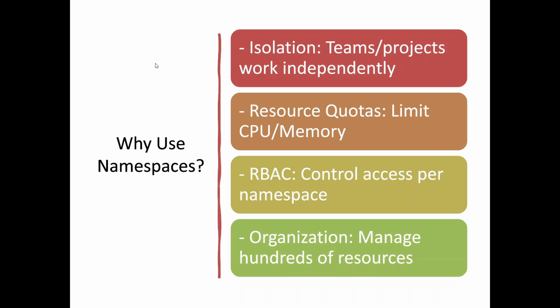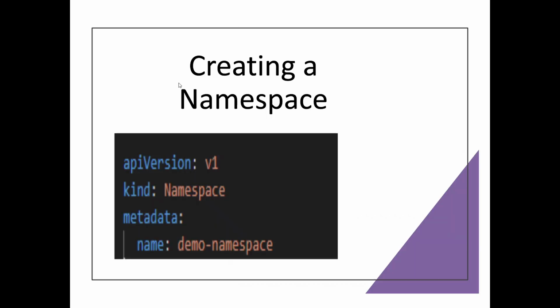Another benefit is better RBAC control, that means better access control. You can grant permission per namespace. It's easier to manage hundreds of resources when they are separated by namespace. Now, how do you create one? It's very simple. All you have to specify is the resource kind and the name of your namespace. A namespace also belongs to the core version v1.